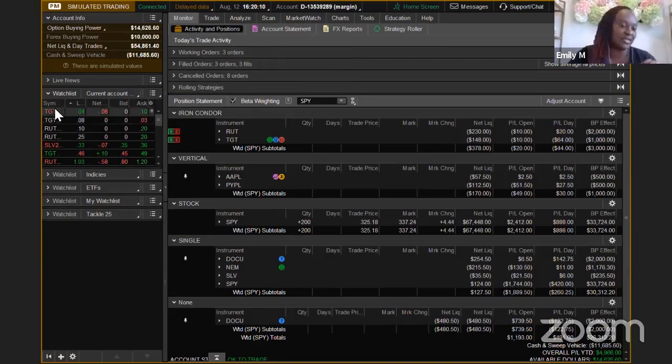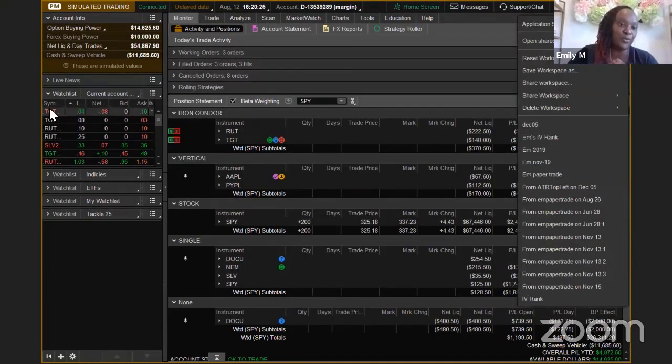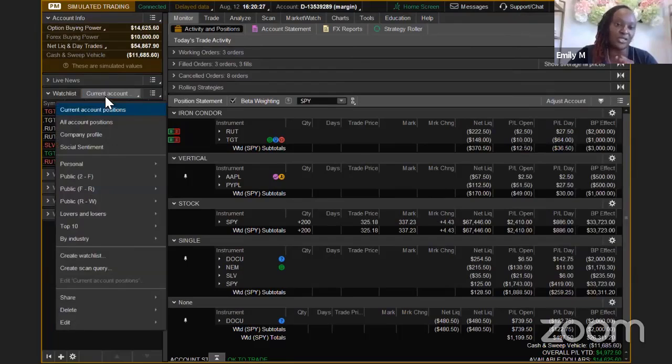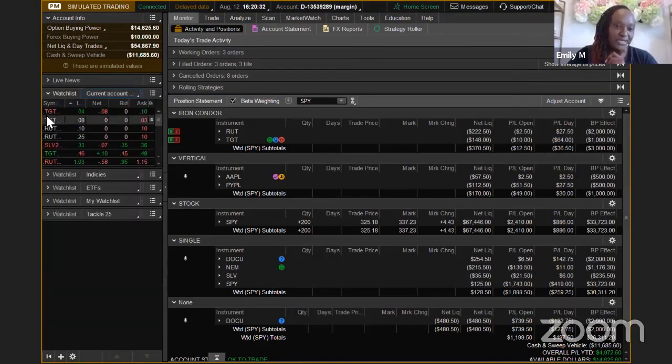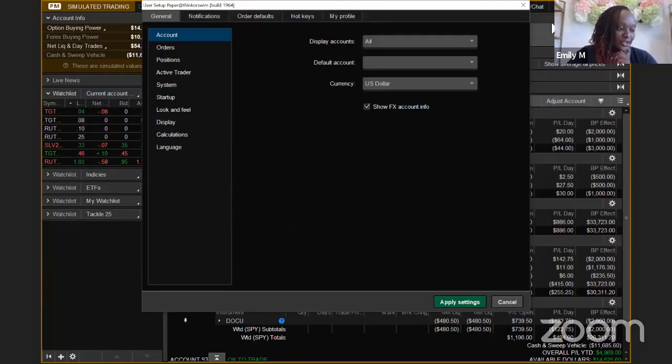And this is another thing that I want to show you. Maybe you guys don't know how to change this. As a default, it doesn't show the symbols when you open up your paper trade account. You have to go to the setup again and change this. When you go to your watch list and click on current positions and it brings them up with these decimals, you have to go back to your application settings and change it on the display.